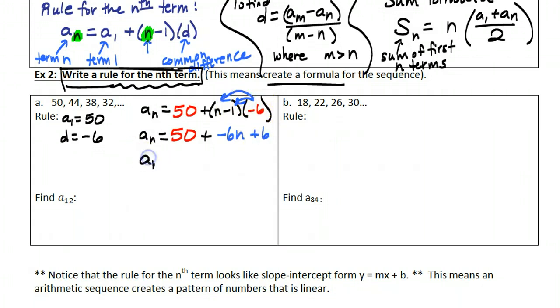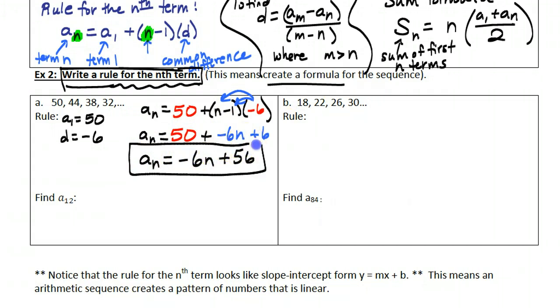Last but not least, combine like terms, and we always write the n first. So -6n plus 56. That is the simplified form of the rule. That is the one I'm going to be looking for when we're taking tests and quizzes. Standardized tests like the MCA or maybe ACT sometimes have this and sometimes have this unsimplified.